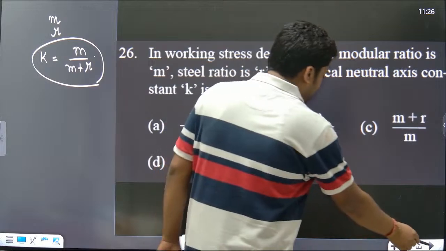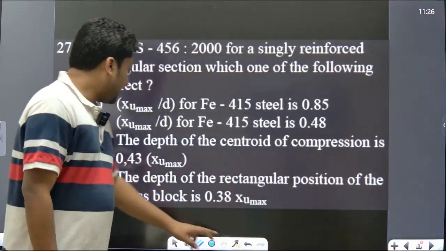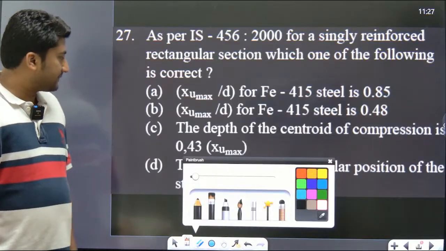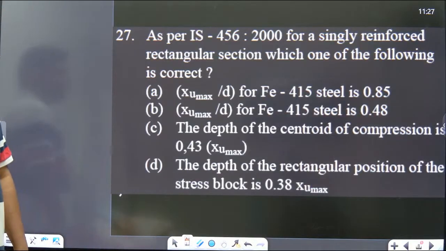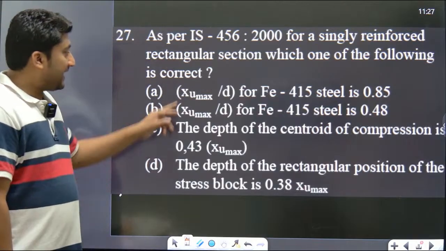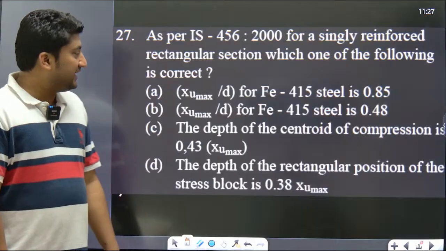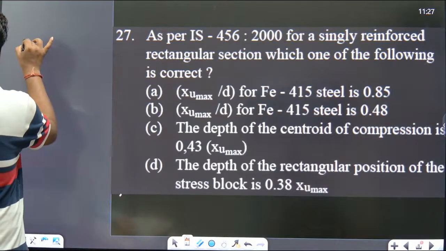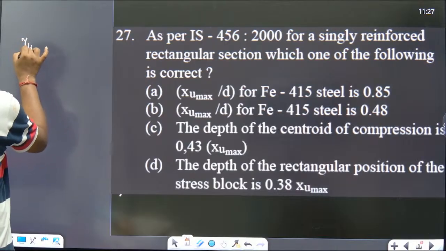Now, moving ahead with the next question. Answer this question. This is a very good question. As per IS 456-2000, for a singly reinforced rectangular section, which of the following is correct? Xu maximum is the limiting depth of the neutral axis by d for Fe 415. So here three values are there for finding Xu limiting or maximum.